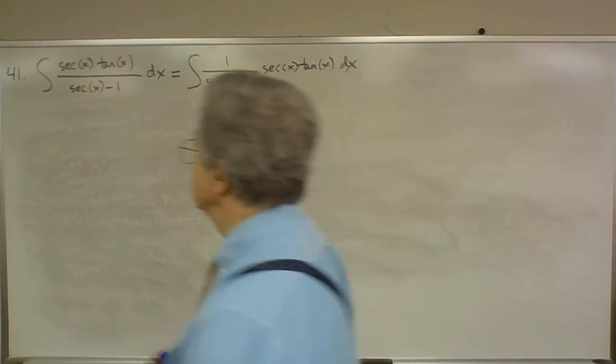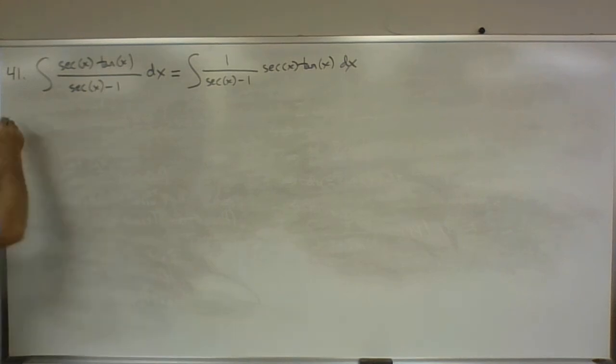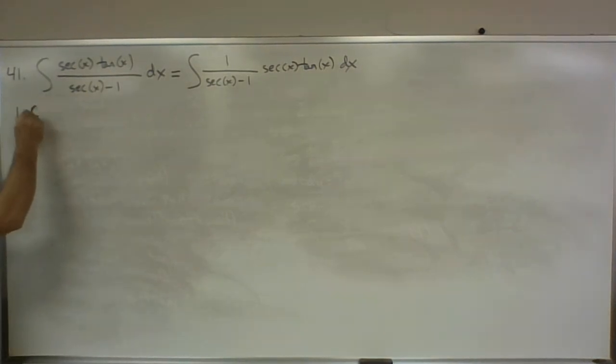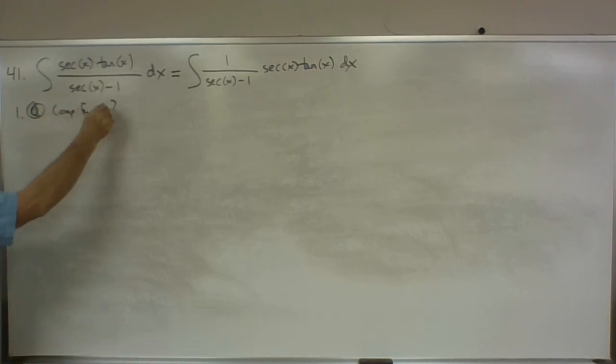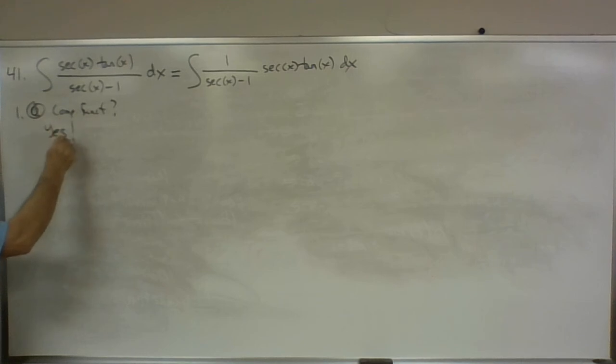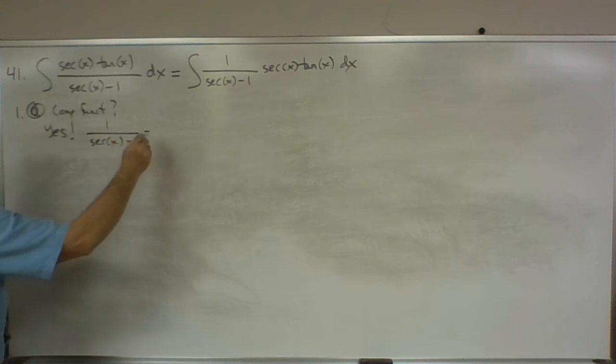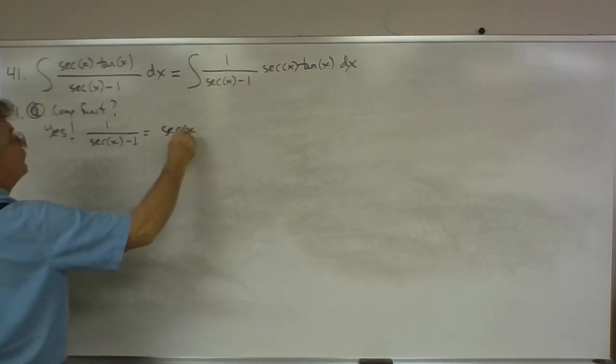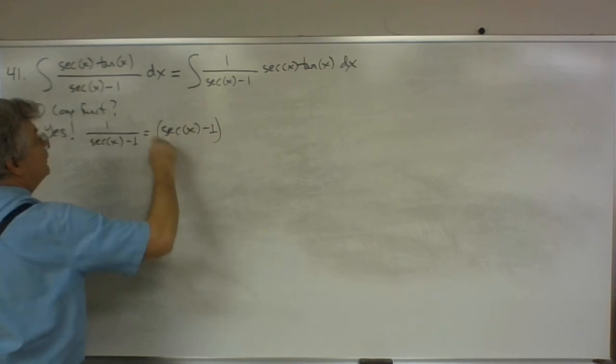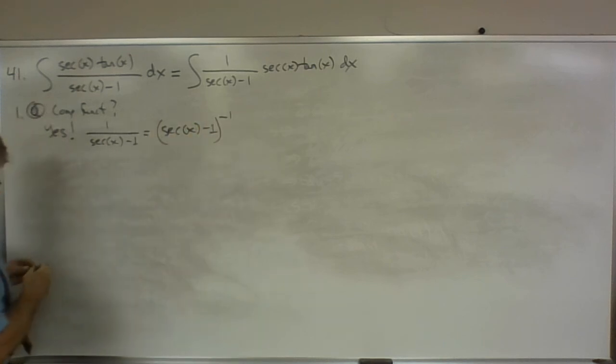So let's just go through the 5-step drill again. Step A, do we have a composite function? And we sure do. 1 over secant x minus 1, that's the same as secant x minus 1 to the negative 1 power.